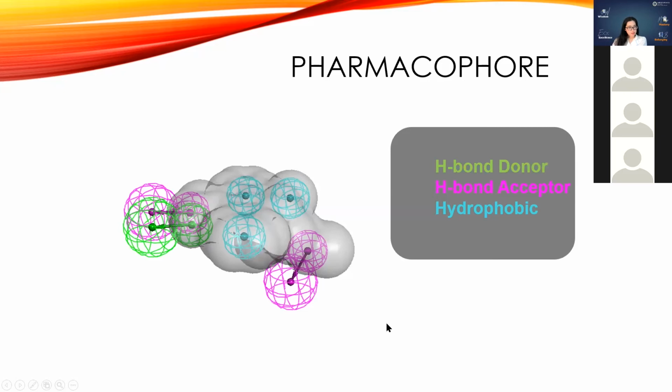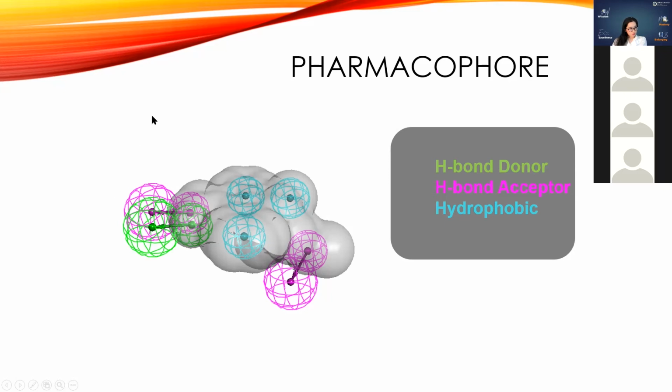The next concept is pharmacophore. So for the pharmacophore, they categorize the entities in the ligand by using the terms hydrogen bond donor, hydrogen bond acceptor, and hydrophobic. So they have a hydrophobic part, which is the ring part here, and a hydrogen bond donor and acceptor.